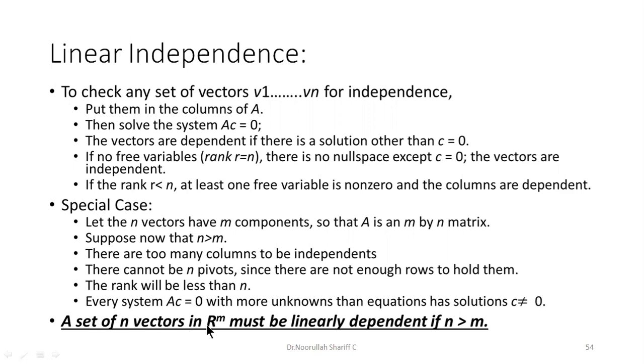The set of n vectors in Rm must be linearly dependent if n is greater than m. If we have a set of n vectors and each vector is in Rm, that means the dimension of each vector is m.